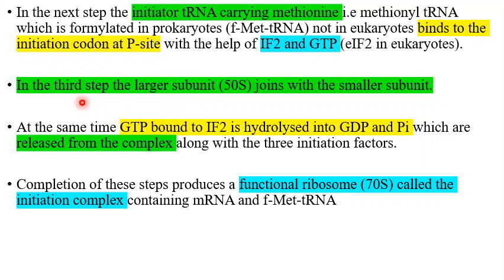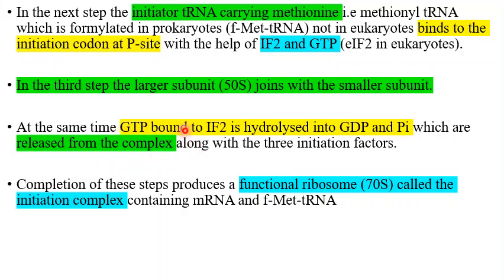And in the third step, the larger subunit, that is the 50S in prokaryotes, will join with the smaller subunit. At the same time, GTP, which was associated with initiation factor IF2, will get hydrolyzed into GDP and inorganic phosphate, which will be released from the complex.